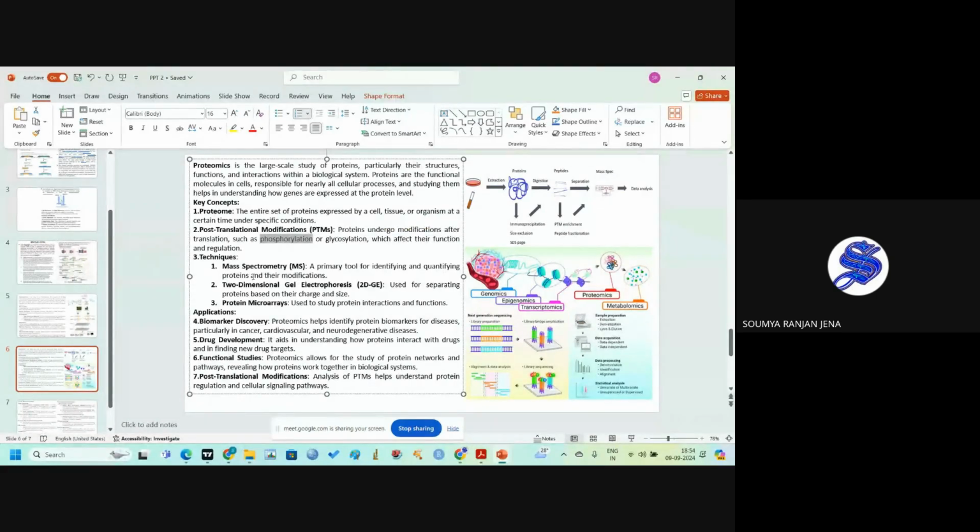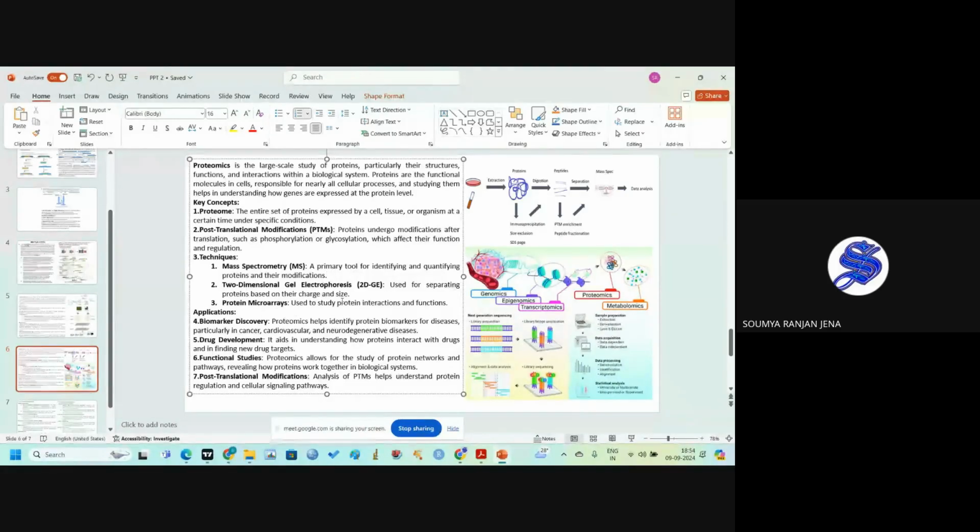Then how will we study proteomics? We can study proteomics by mass spectrometry analysis. What is mass spectrometry analysis? A primary tool for identifying and quantifying proteins and their modifications. By mass spectrometry techniques, we can identify the protein and also their post-translational modification.